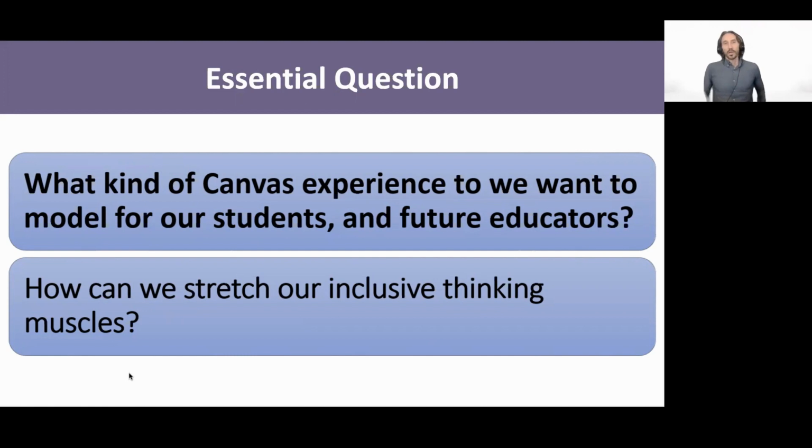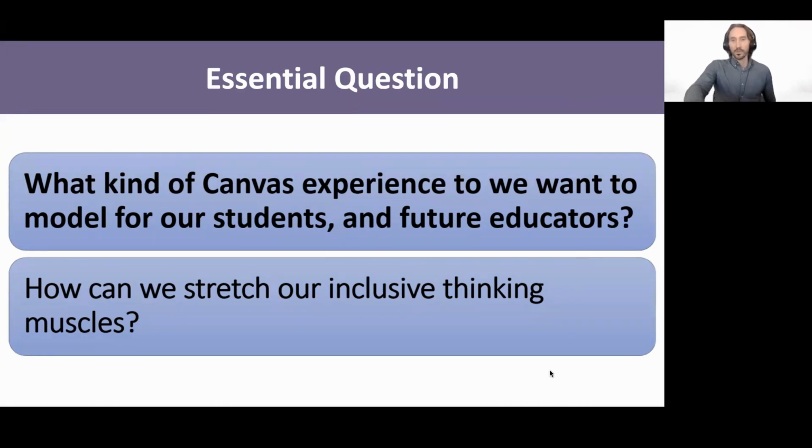So when we're talking about inclusive thinking and student-centeredness, it's not about can we think of everything possible. The question is not can we think of everything possible, but it's more of can we stretch that muscle? Can we practice it?